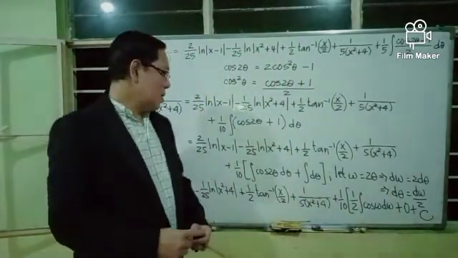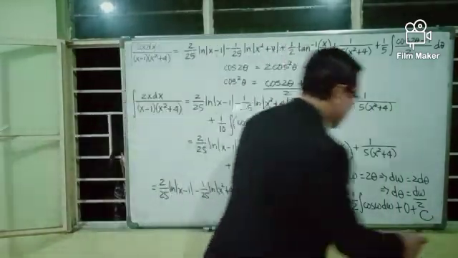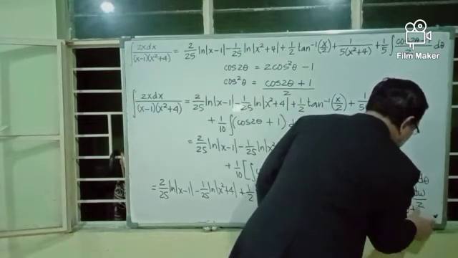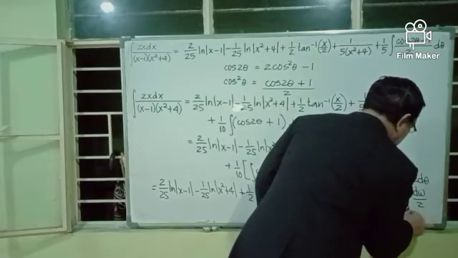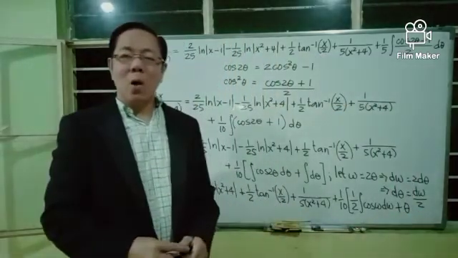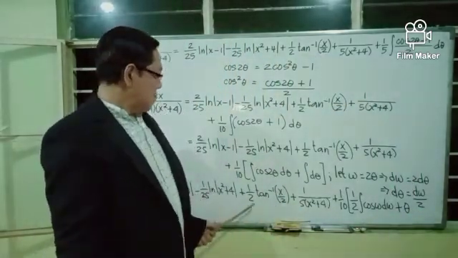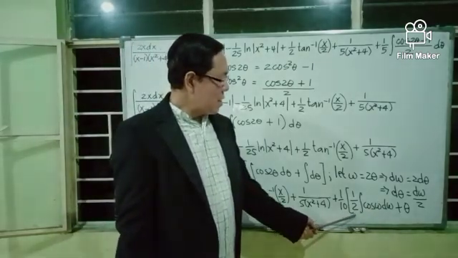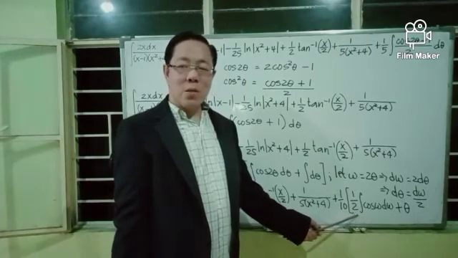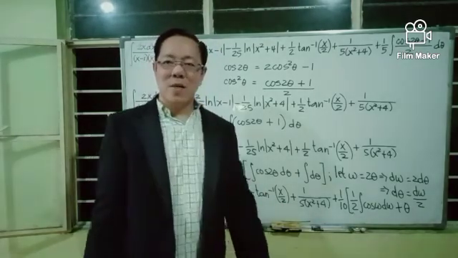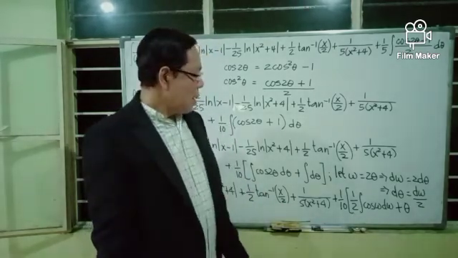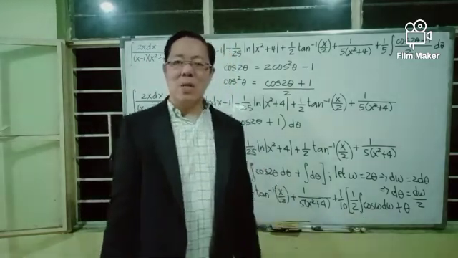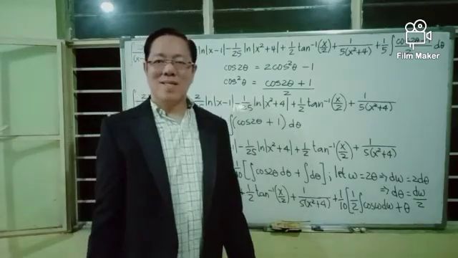We are almost done with the integration of all the terms. After we integrate this term with respect to w, we will write the constant of integration c. And the integral of cosine w with respect to w is sine w.